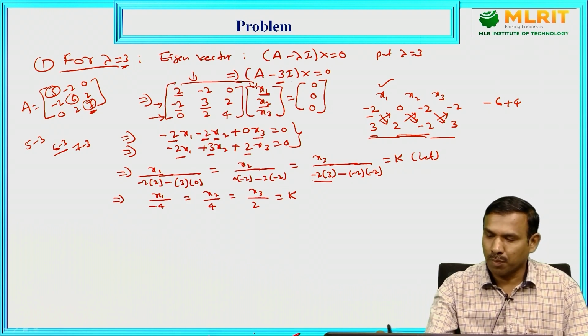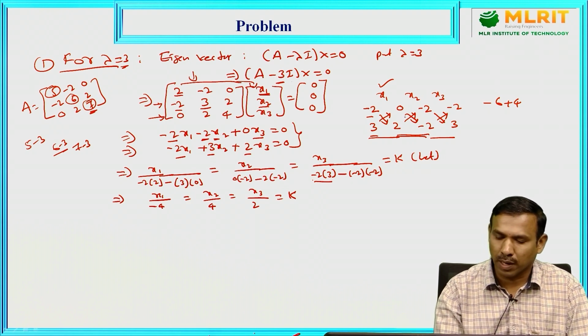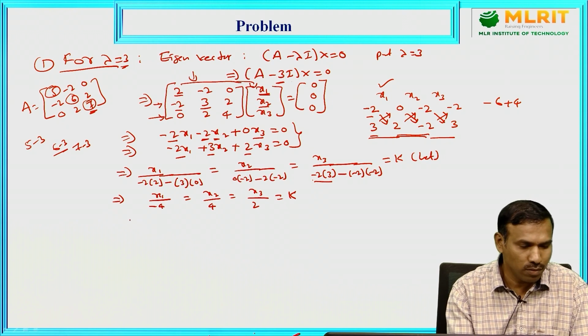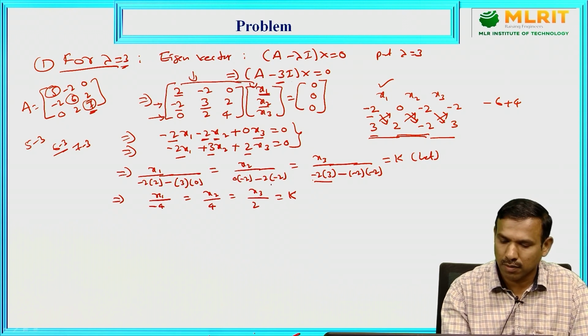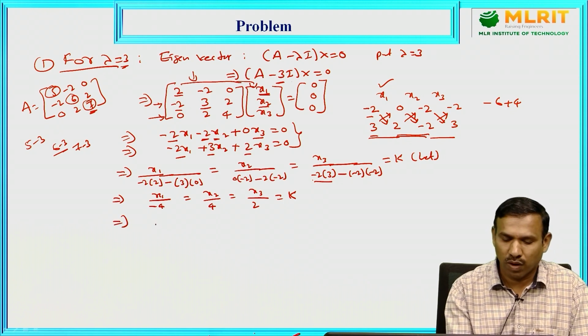This is a repeated one, minus 2, 3. So minus 4 and plus 4, minus 4. x1 by minus 4, x2 by 4, x3 by 4.